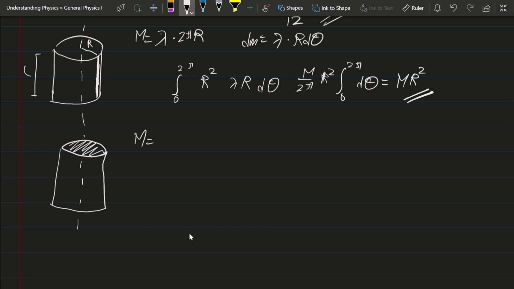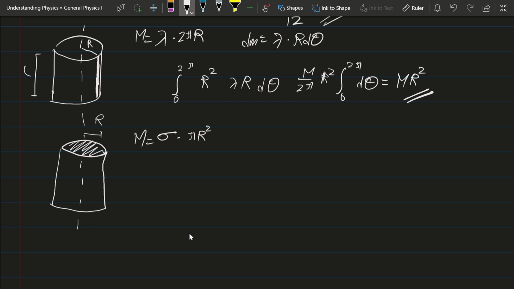It has translational symmetry. So I will use a surface density, multiply that by pi r squared, which is the area of this top side here.